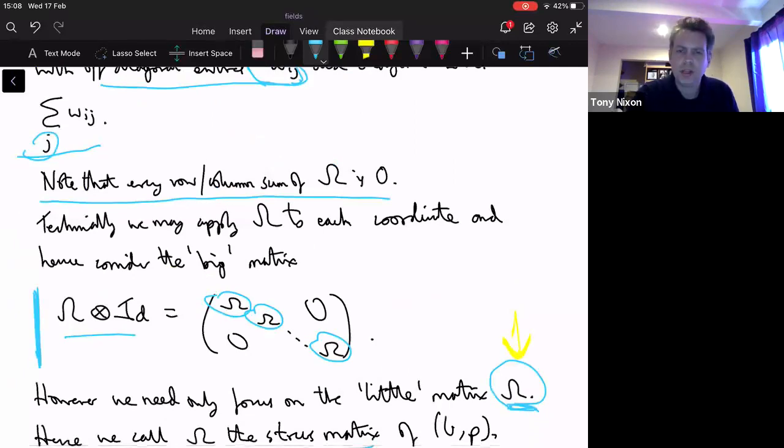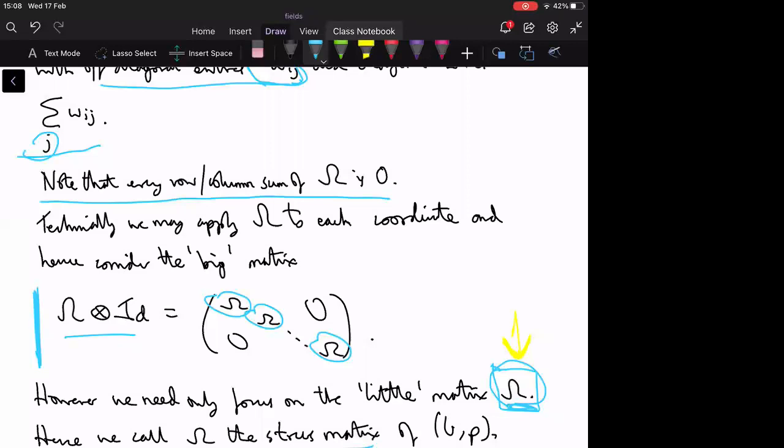But probably I shouldn't have even said this because I don't want to dwell on it. I just wanted to make the point that omega is just a square matrix, it's symmetric and has this pattern of entries, and that doesn't depend on the dimension. The bit that depends on the dimension is the actual definition of an equilibrium stress, and the possible ranks, which is what's going to be important about this matrix.